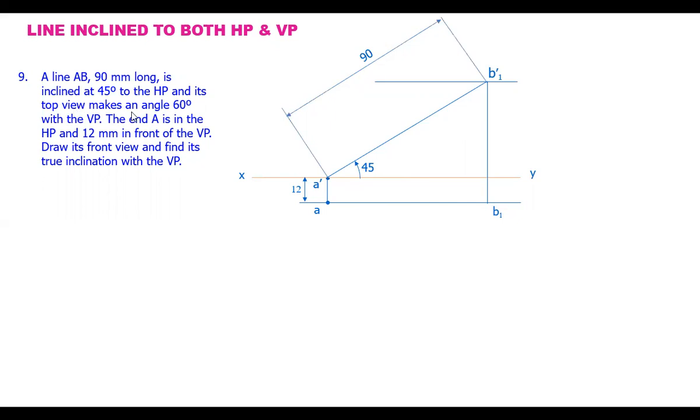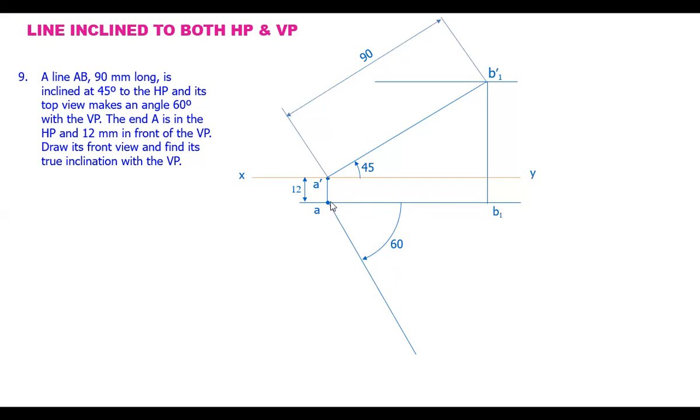So the top view is making 60 degrees, so draw a line here at 60 degrees angle, right? We have drawn this, this is beta. AB, but the length is not given. The length of the line is not given in the top view, only the angle is given. We have to find where the point B is on this line.